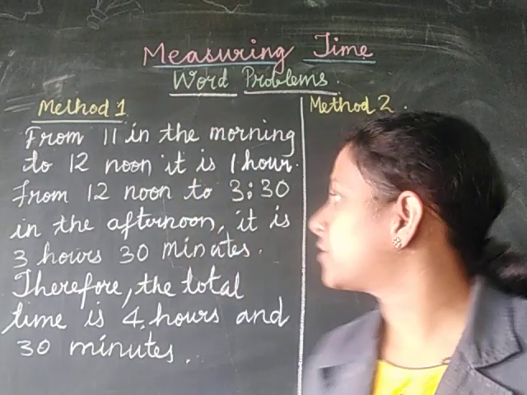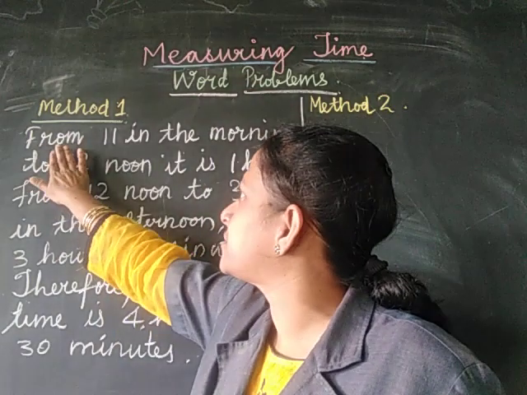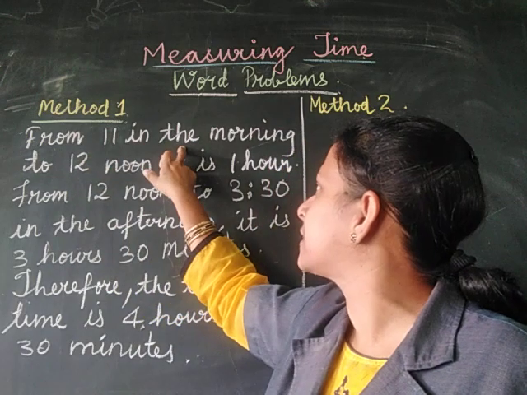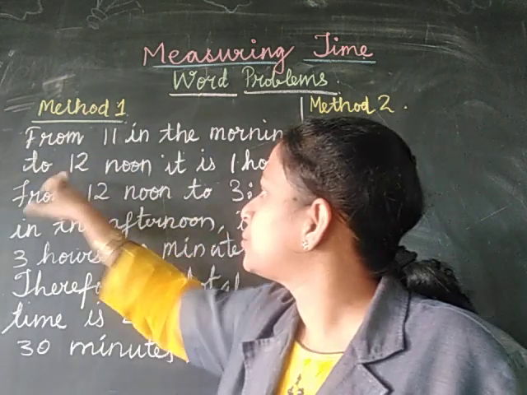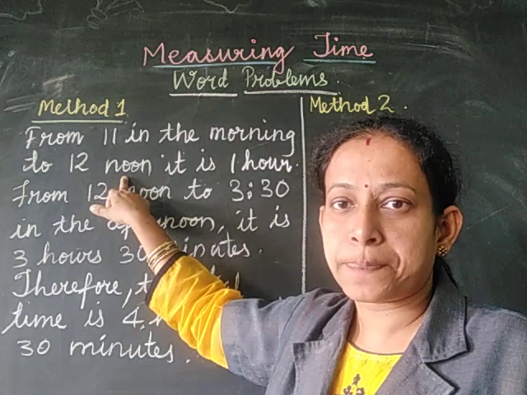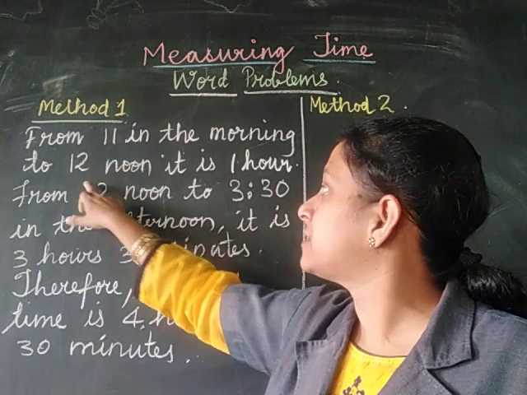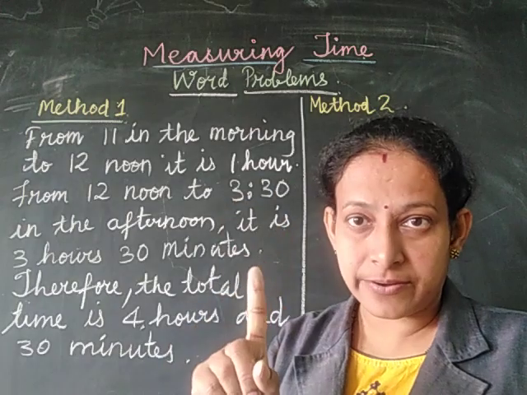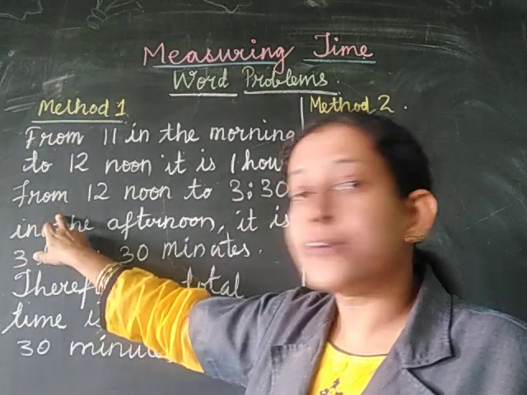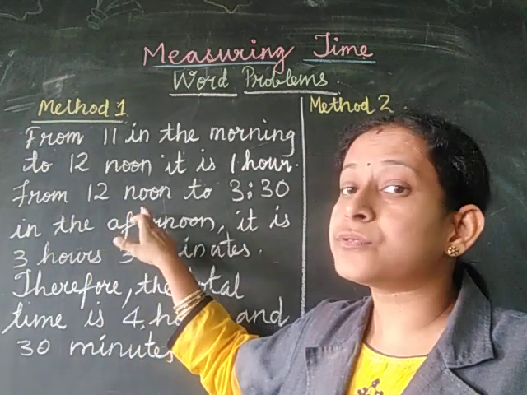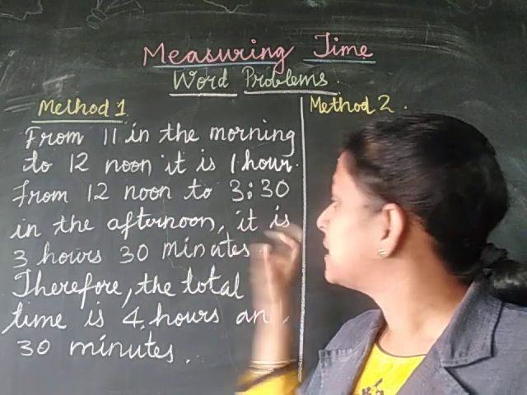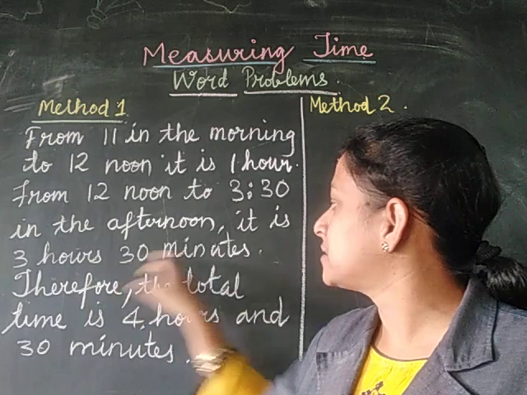According to method number 1, I have written here: from 11 in the morning to 12 noon, it is 1 hour. And from 12 noon to 3:30 in the afternoon, it is 3 hours 30 minutes.